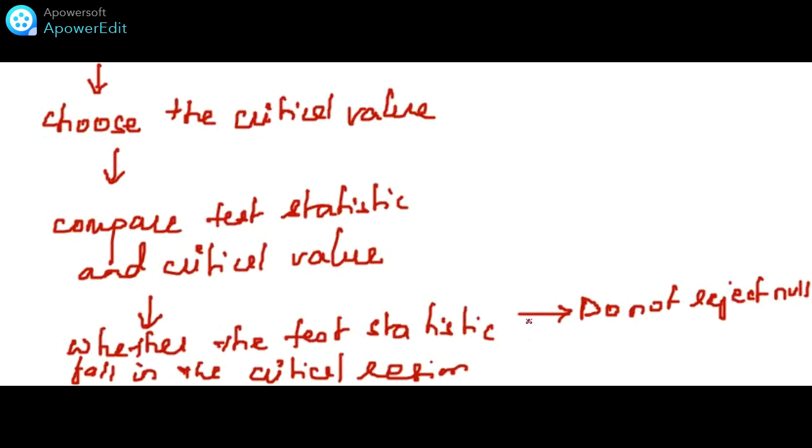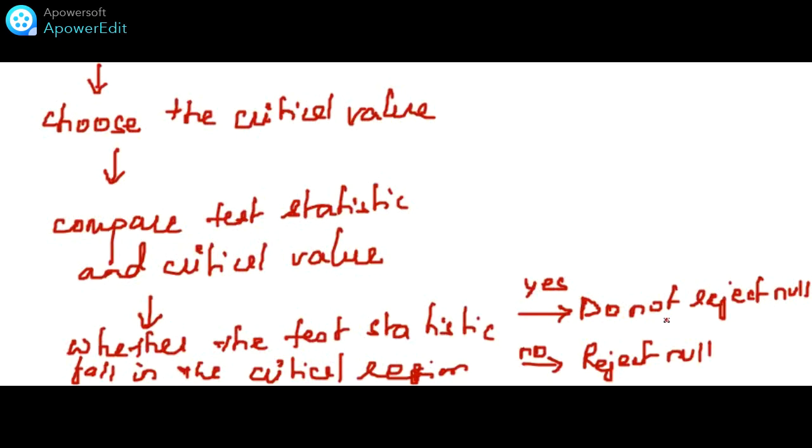And if it is not lying within it, then you have to reject the null. So we are not talking here about accepting the null hypothesis, nor about accepting the alternate hypothesis. We are concerned only with rejecting or not rejecting the null hypothesis. If it's not lying within the critical region, then reject the null.